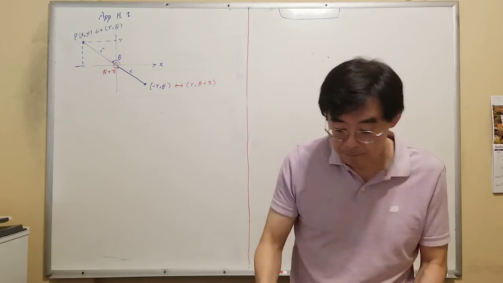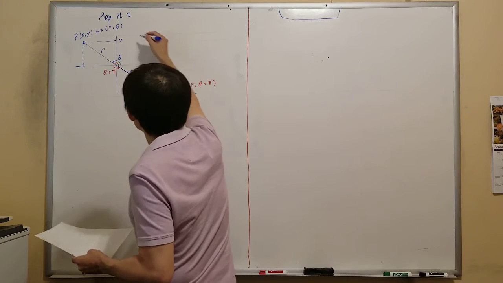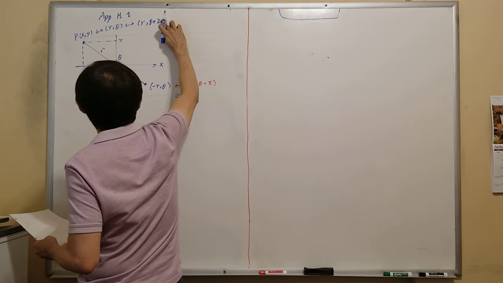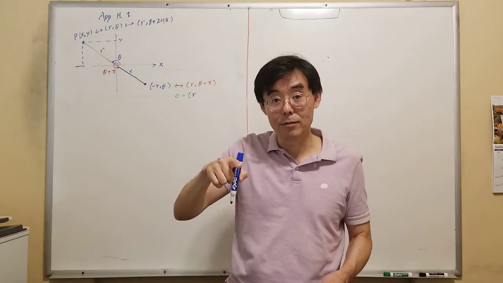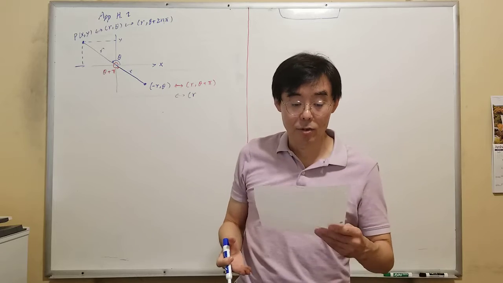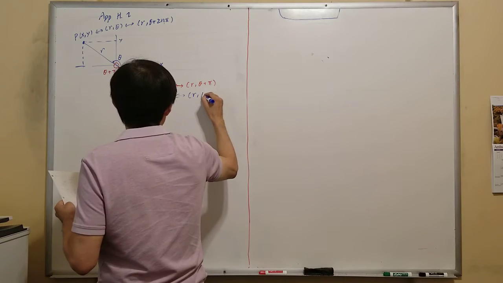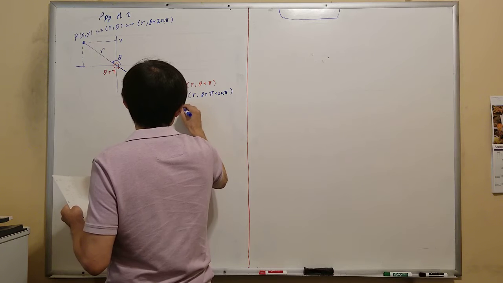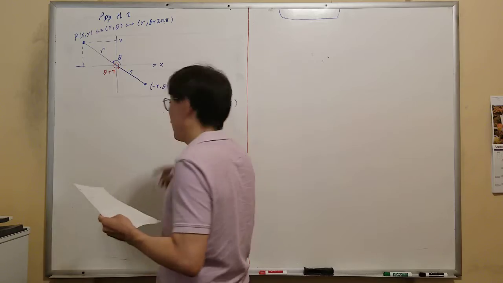So for example, obviously this is the same as r, theta plus 2n pi. 2 pi is one turn, and n turns later, you get the same position, right? Likewise, theta plus pi plus 2n pi, or you can write it as r, theta plus (2n plus 1) pi, an odd multiple of pi.